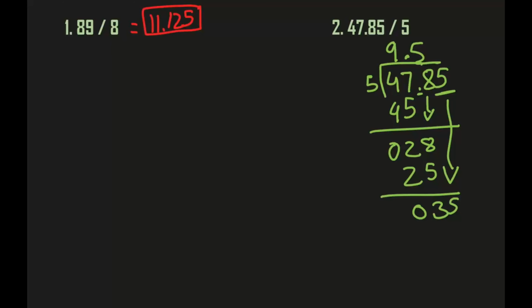Now finally, we'll do 5 times 7. 5 times 7 equals 35. So 35 minus 35 is 0. So our answer for the question, 47.85 divided by 5, equals 9.57. That's our answer. Let's box it.